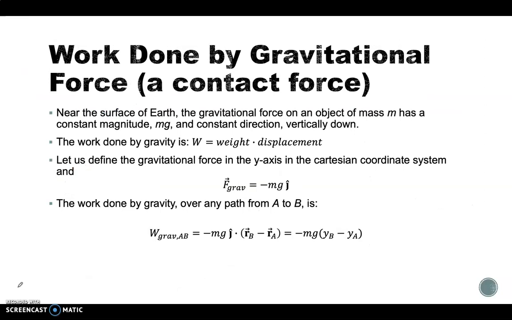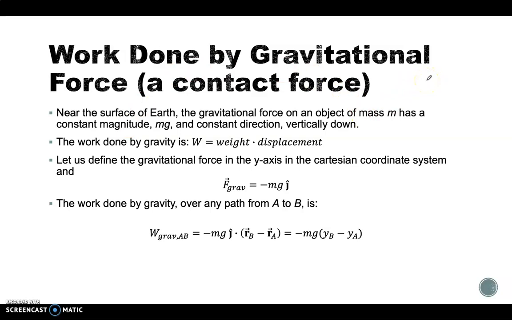All right, so let's move on to another contact force, and that is going to be gravitational force. The idea is that near the Earth's surface, we have a gravitational force on an object of some mass m, and the gravitational force has a constant magnitude. Again, that's near Earth's surface. When we get further away from Earth's surface, that gravitational force will change.